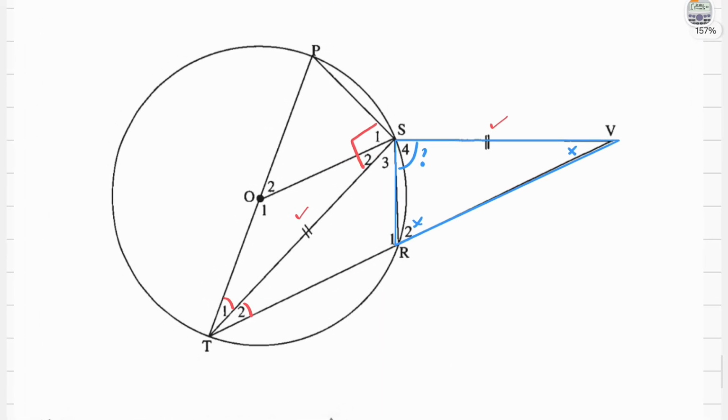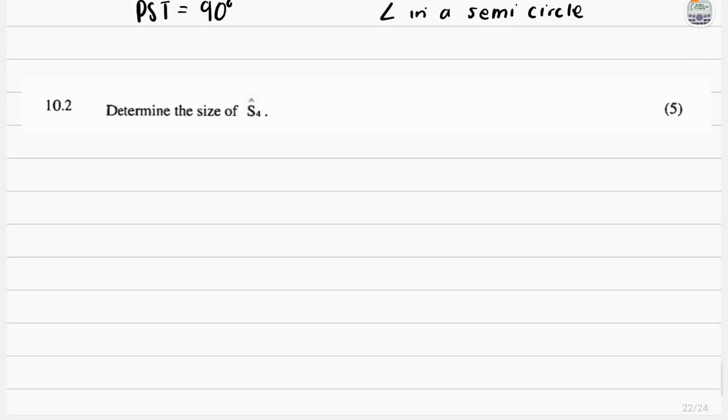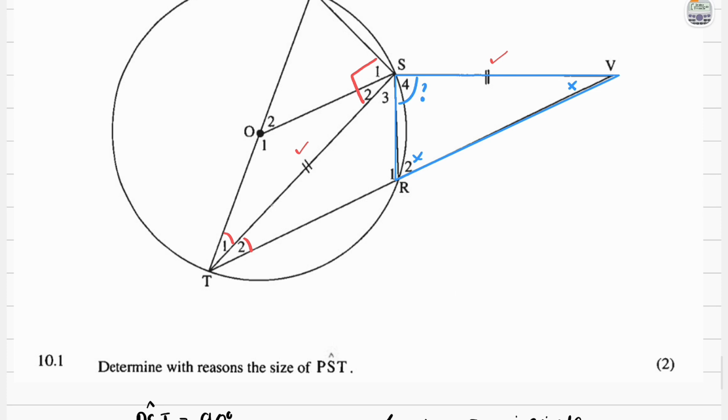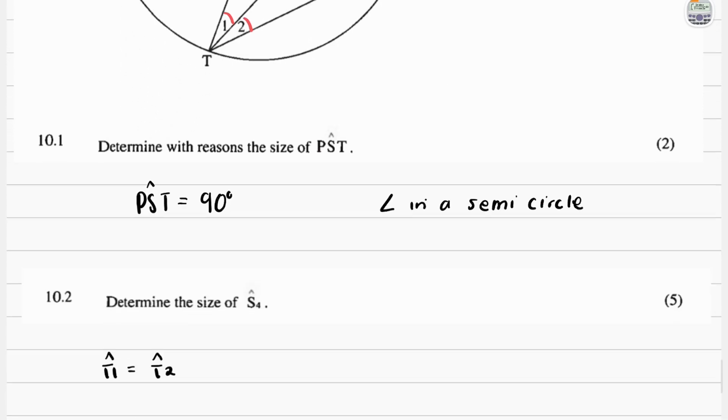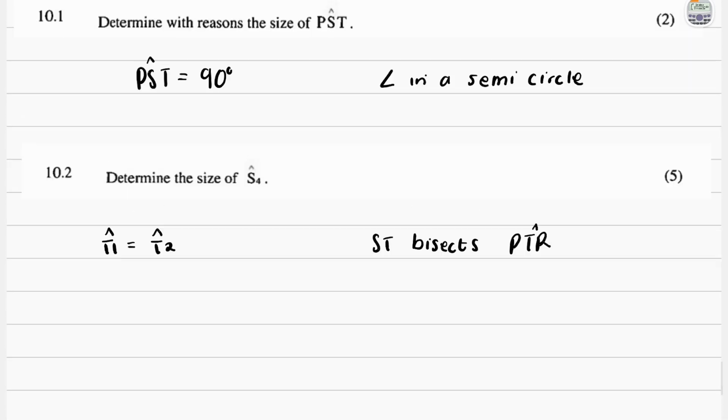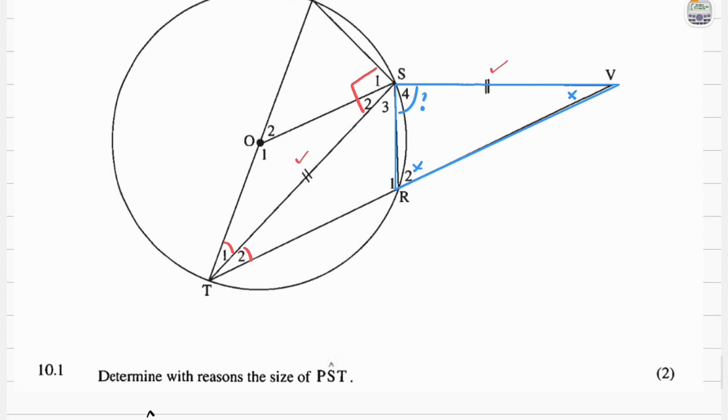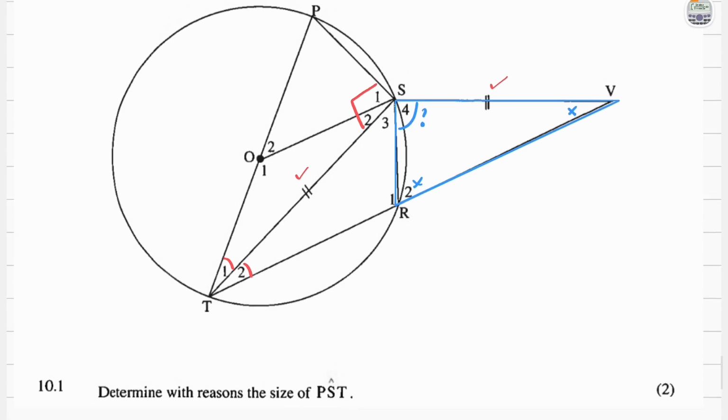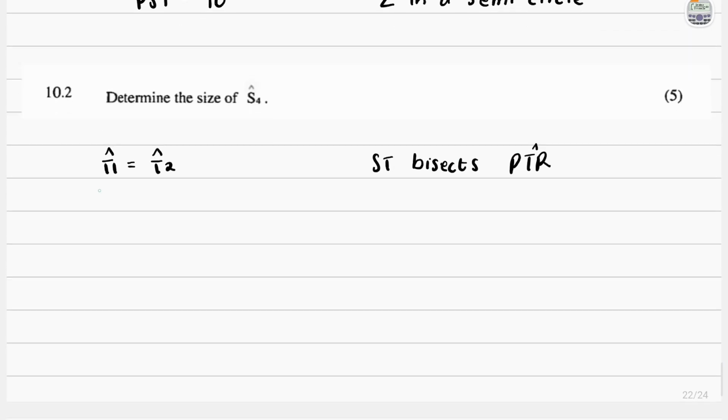So we'll start off by telling them that angle T1 is equal to angle T2. And the reason for this is because ST bisects PTR like they told us. Now that that is down, we're also going to tell them that they gave us that ST is equal to SV, and this was given.